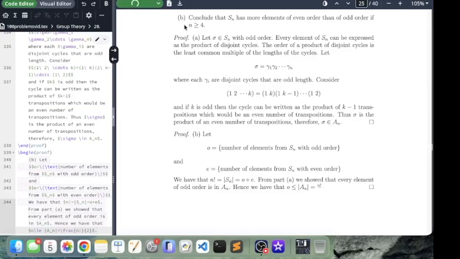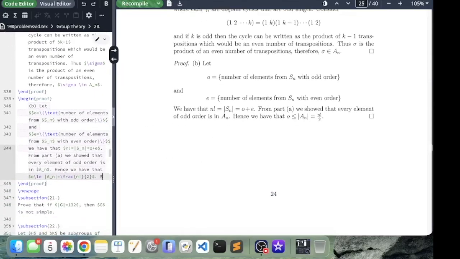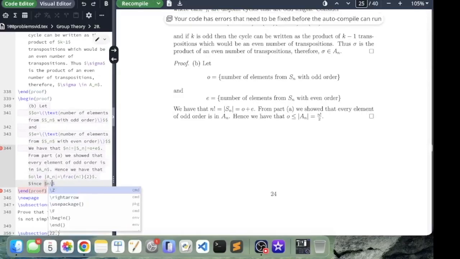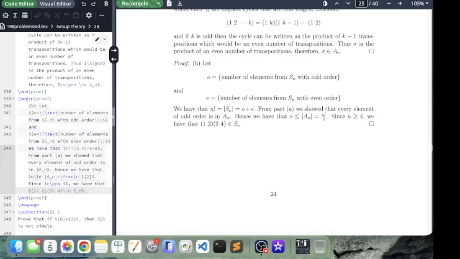However, we're assuming that n is greater than or equal to 4. Since n is greater than or equal to 4, we have that the cycle (1 2 3 4) is in Sn. Okay.